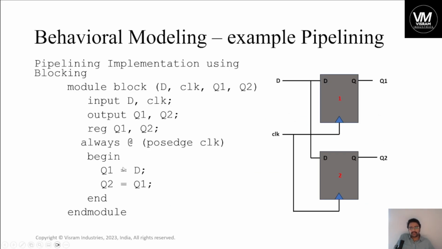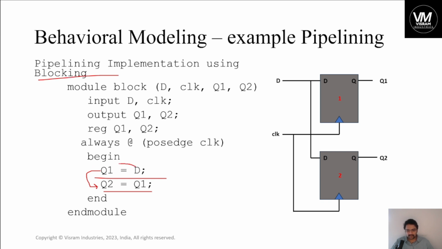Now you can see we have written Q1 is equal to D, and blocking I will represent with red symbols, and Q2 is equal to Q1. What it explains is that blocking statements will be executed step by step.